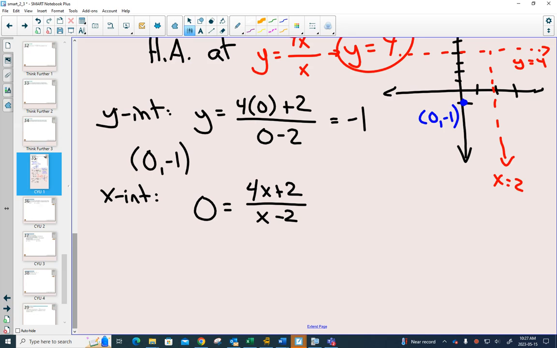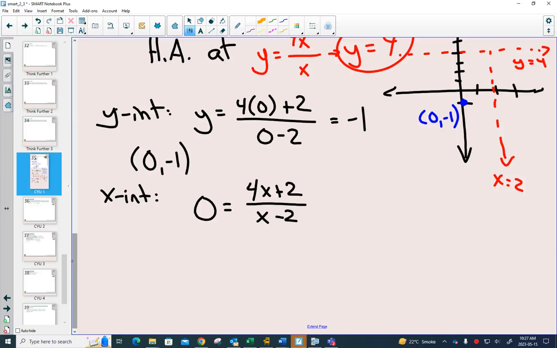And now we have to solve for x. A couple of maybe shortcuts, maybe not. First of all, if you have a rational expression, a fraction, the only time a fraction is ever equal to 0 is if the numerator is 0. 0 divided by 5, 0 divided by anything is going to be 0.